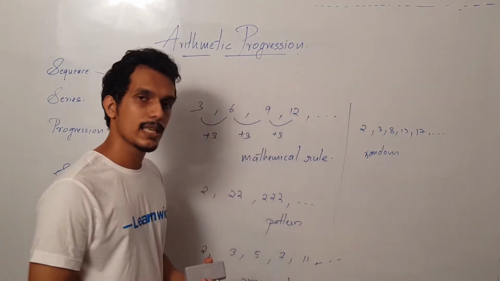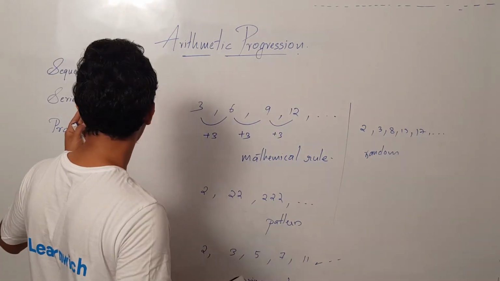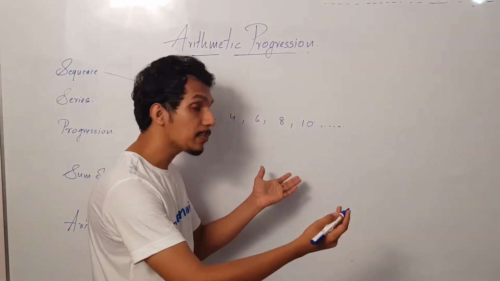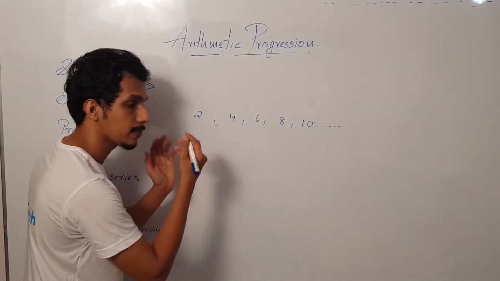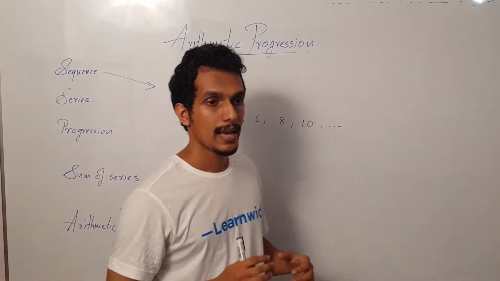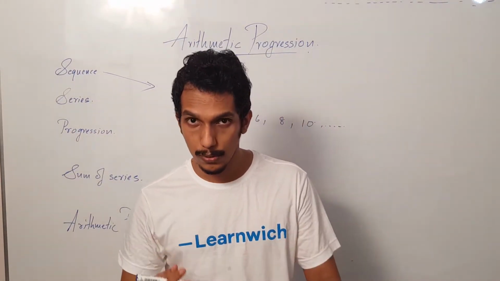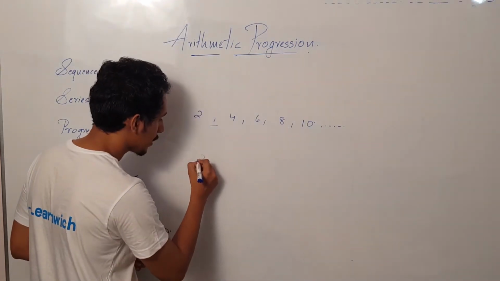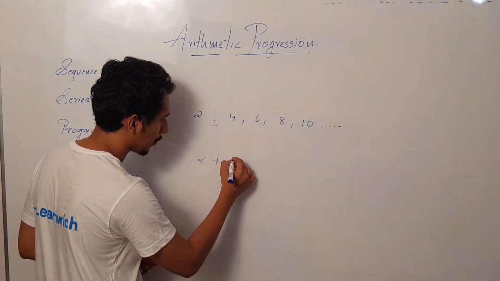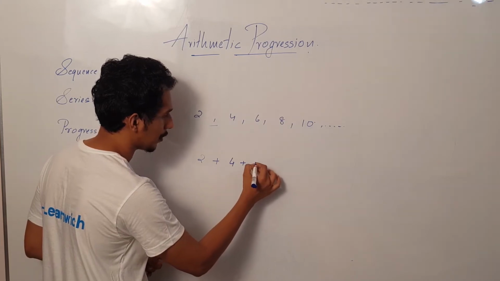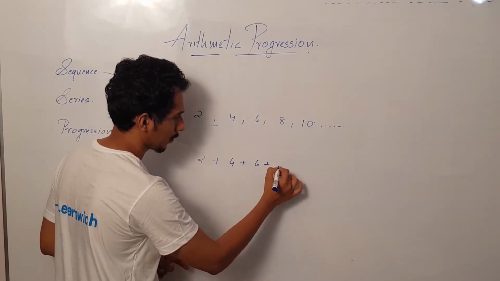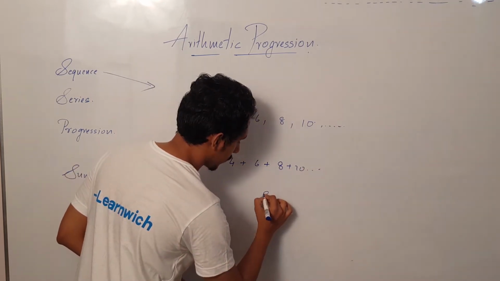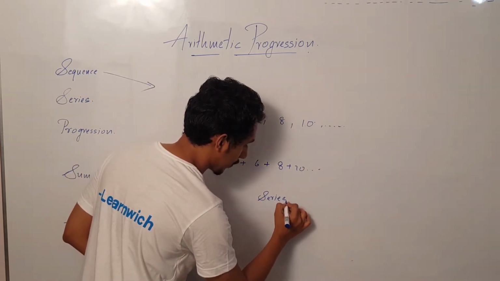Okay, so the next thing we need to learn is about a series. I told you a sequence is a set of numbers separated by commas, and there is either a mathematical rule or a pattern to be followed. But if I write it with a mathematical operation like addition, then this will form a series.